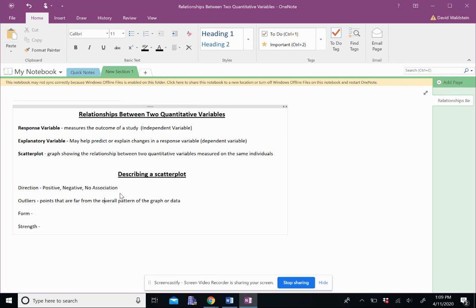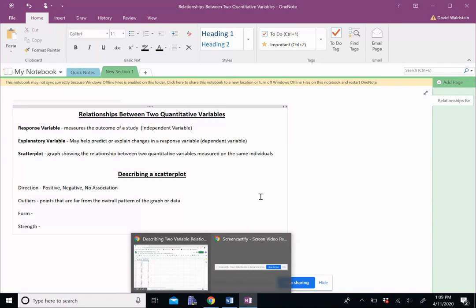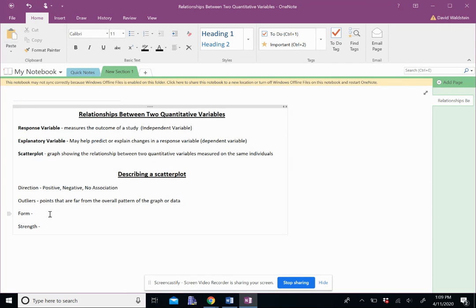So that's basically if I were to have one point that's really far away from the general pattern. Once we get into our lines of best fit, you'll see that there's maybe one point that's way far away from that line, and that would be an outlier.